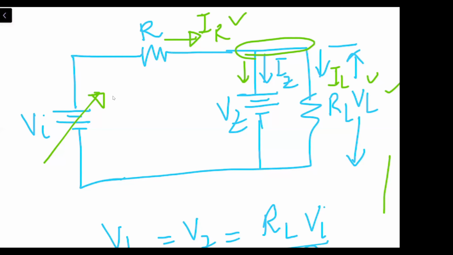Okay. So if I increase or decrease the value of Vi, the corresponding increase and decrease in IR will take place, right?